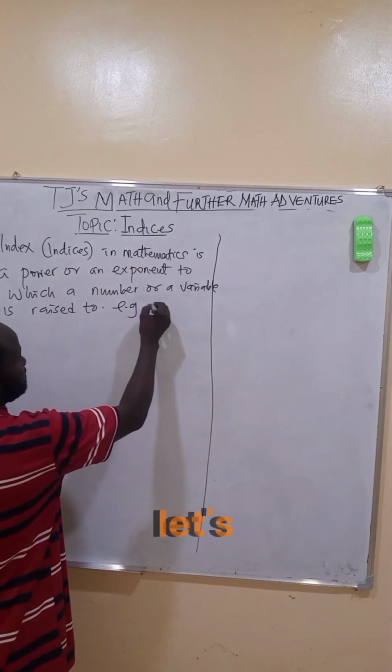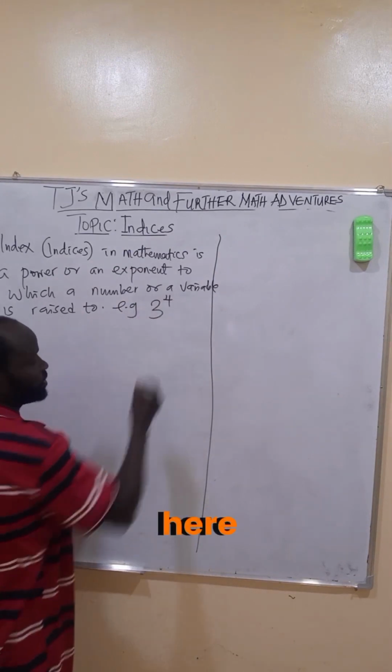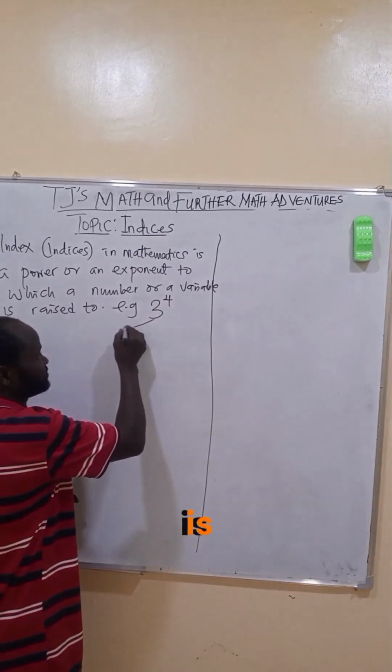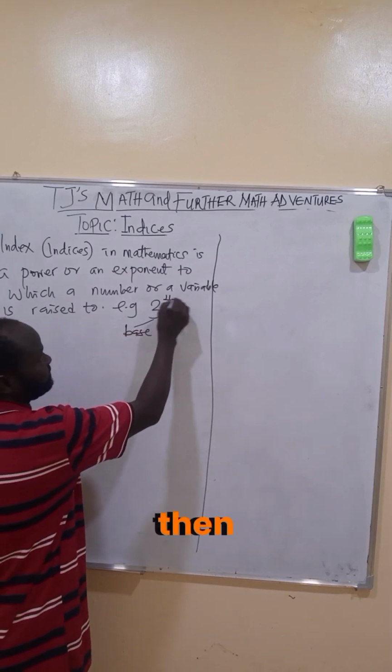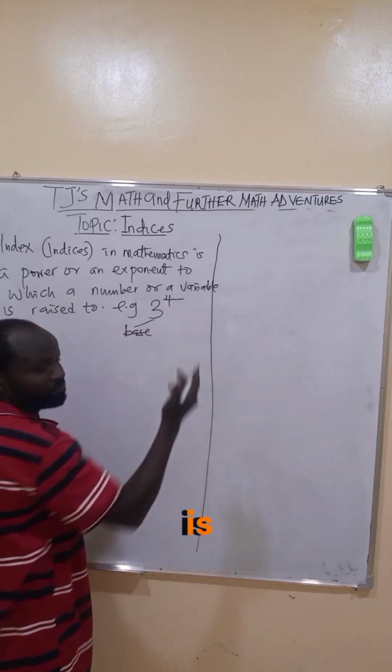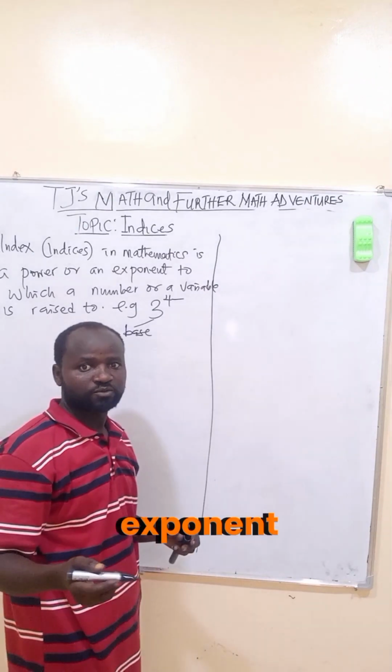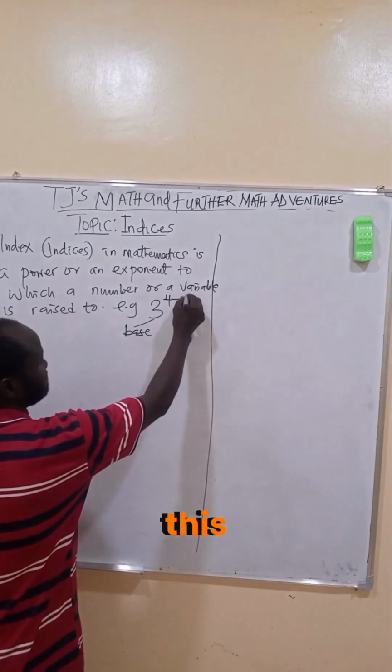E.g., let's say we have 3 power 4. Here, this 3 is the base, then 4 is the power or exponent or index.